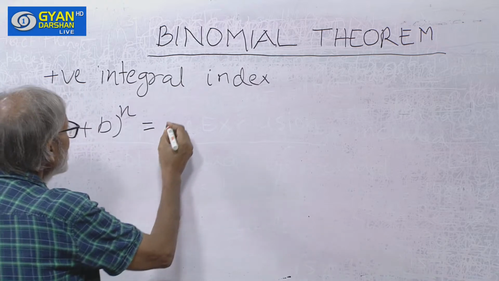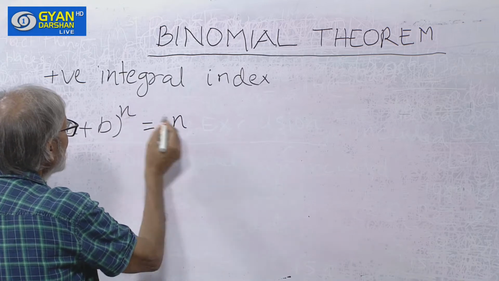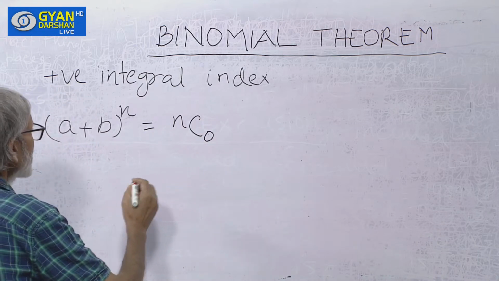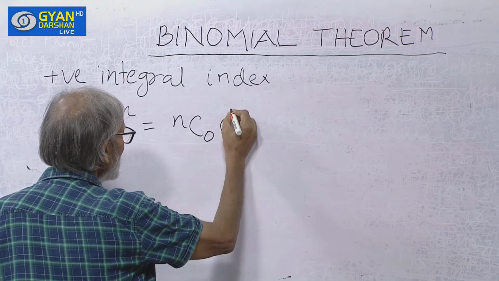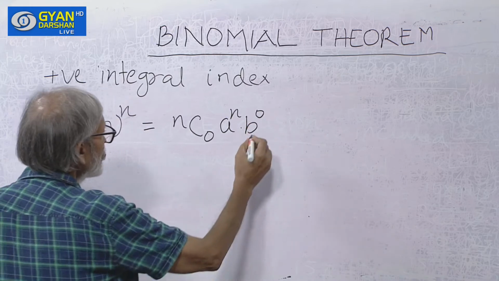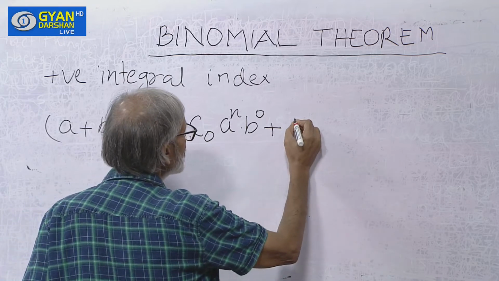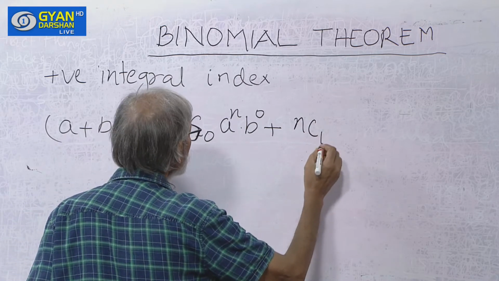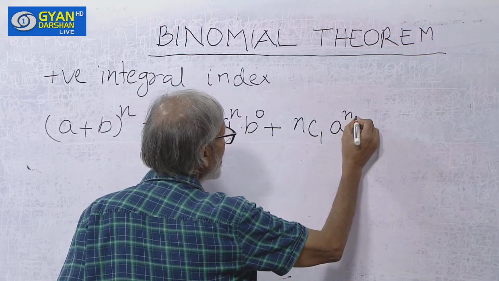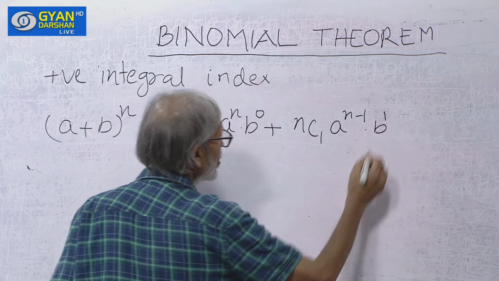Its expression is: we start from nC0 and then a to the power n into b to the power 0. The next term will be nC1 a to the power n minus 1 into b to the power 1.